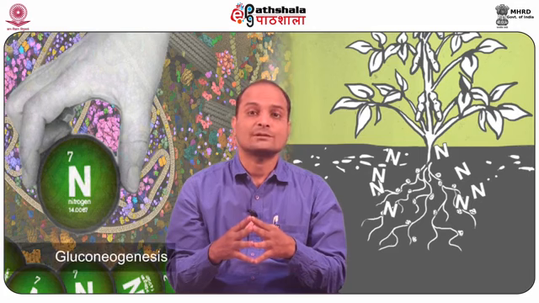The serum glucose is maintained by dietary sources, glycogen breakdown, and synthesis from non-carbohydrate precursors via gluconeogenesis. So mainly by controlling the metabolism of glycogen, we maintain the level of glucose within the serum.